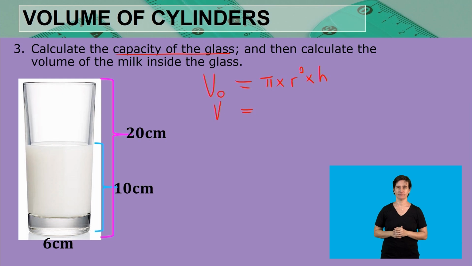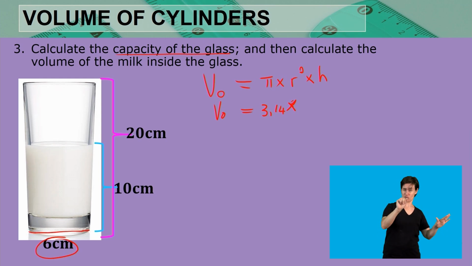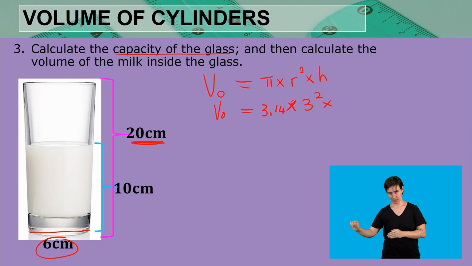So that is going to give us a volume of 3,14 multiplied by, now we have been given the diameter of the glass, which is the 6 centimeters. So we are going to take half of that, and that is the 3 squared, and we are going to multiply that by the height of the glass, which is 20. Let's just write there 3 centimeters squared, and we are multiplying this with 20 centimeters.